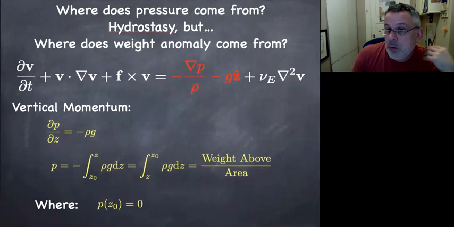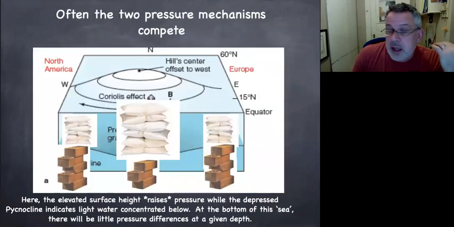So we'll jump back to our pillows and bricks example and think about it from the pillows and bricks perspective. Here we have a stack of pillows representing light water, taller stack of pillows, thicker layer of light water, smaller stack of pillows, thinner layer of light water, and then bricks underneath representing the variations in the picnic line.